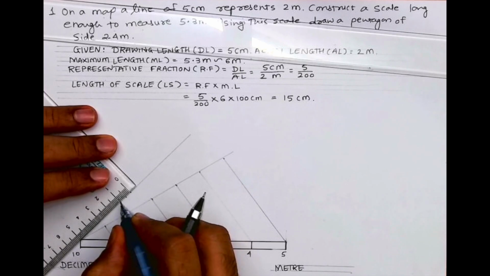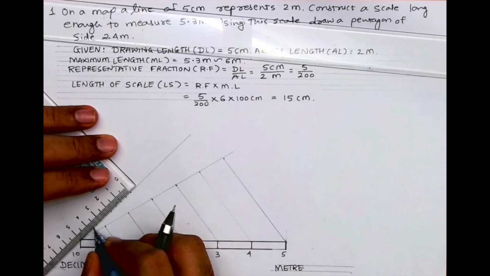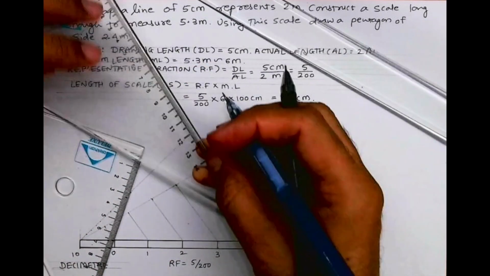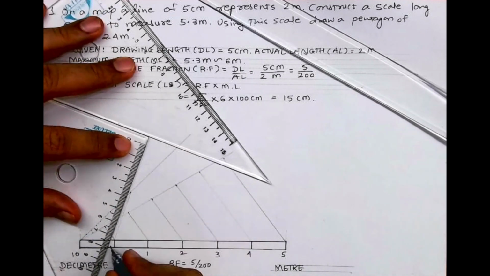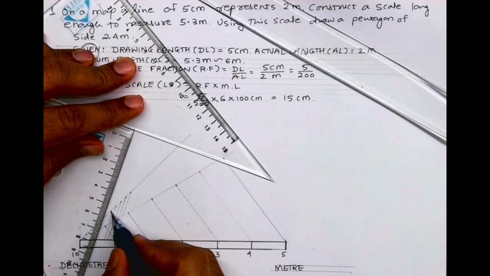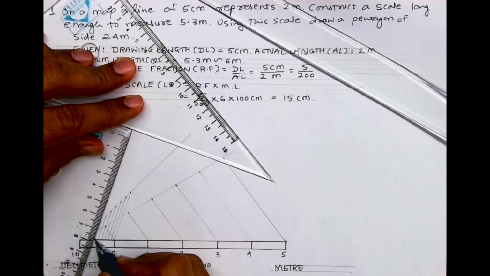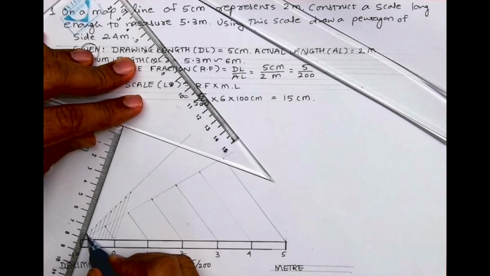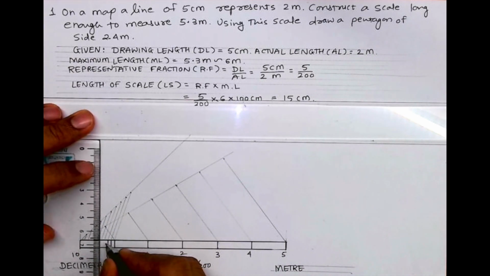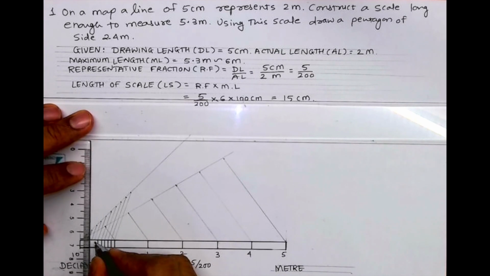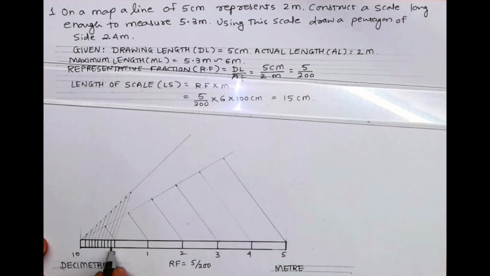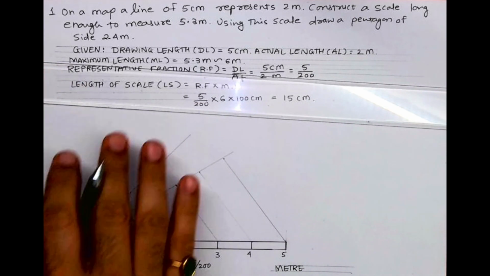After that, we'll divide the first block into 10 parts. After getting 10 parts, we'll write 0, 5 and 10.